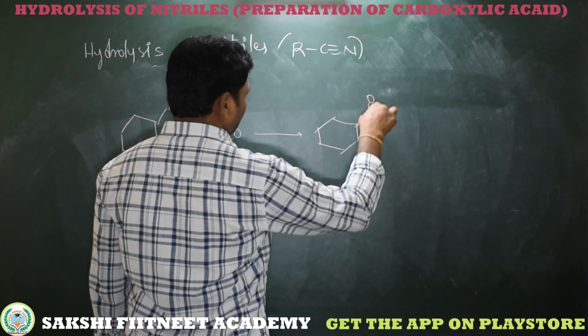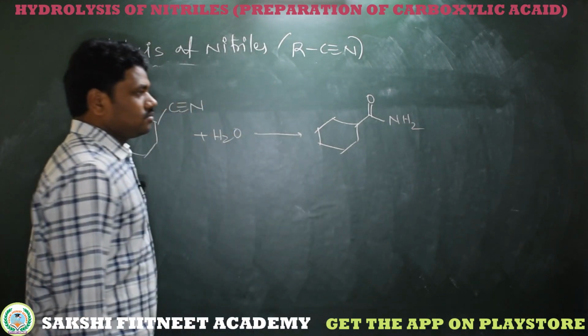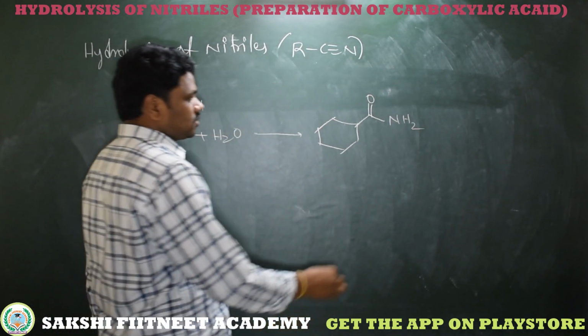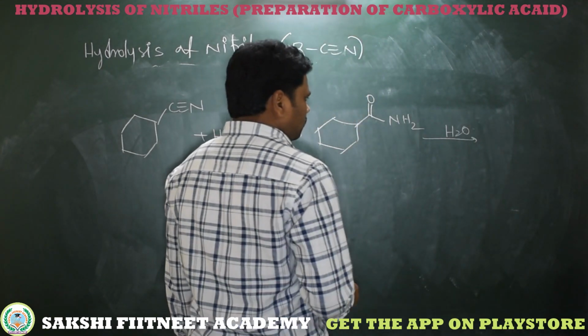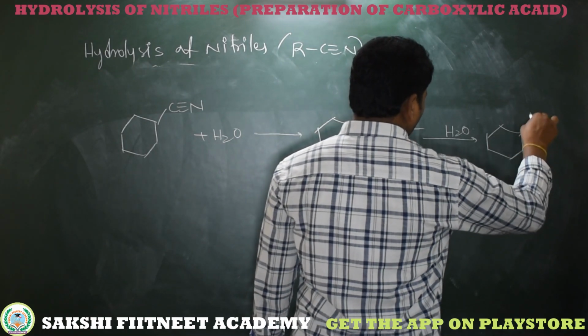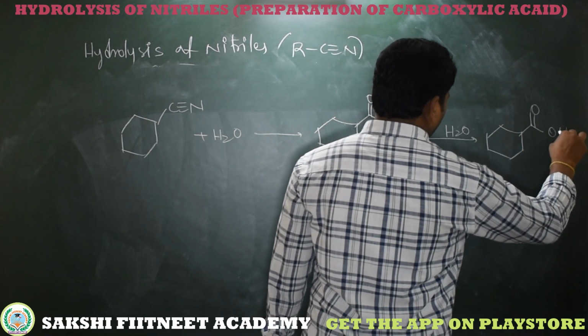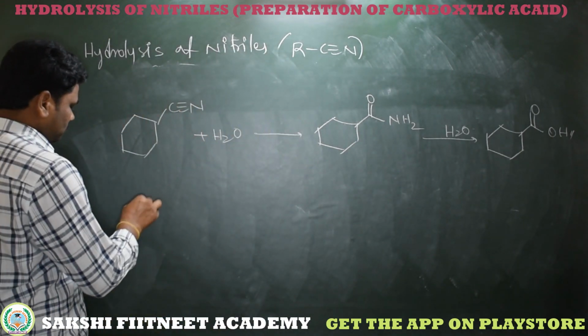That carbon gets converted into carbonyl, and triple bond N converts into NH2. This is an amide. So this amide, with 1 more mole of water molecule, we can convert into carboxylic acid. This is a carboxylic acid compound.